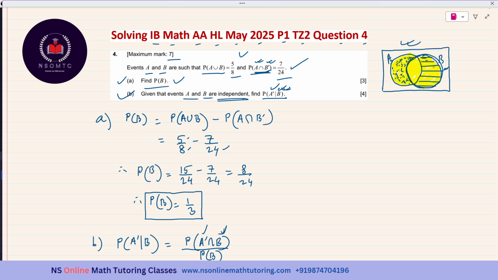We have to get the probability of this part for the numerator. We know the probability of this entire thing, this is P of B. We need to know this part.